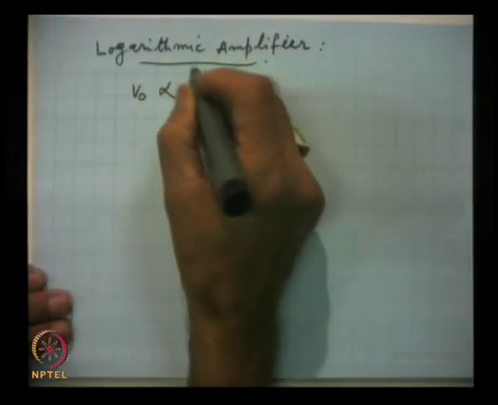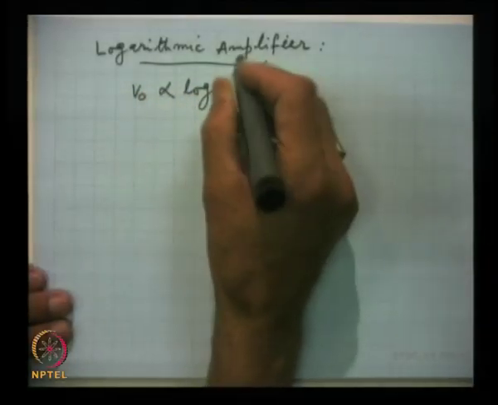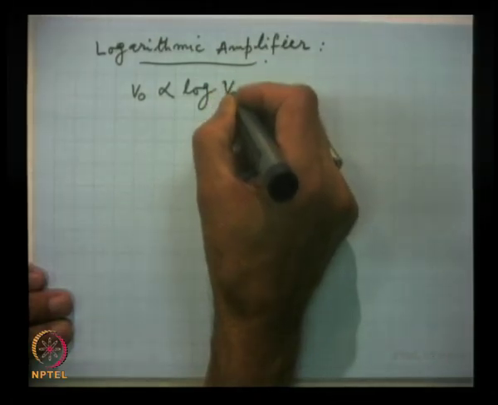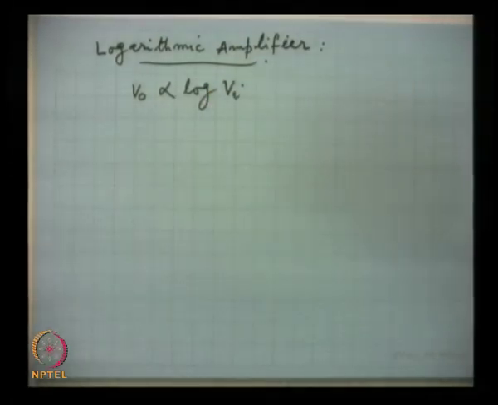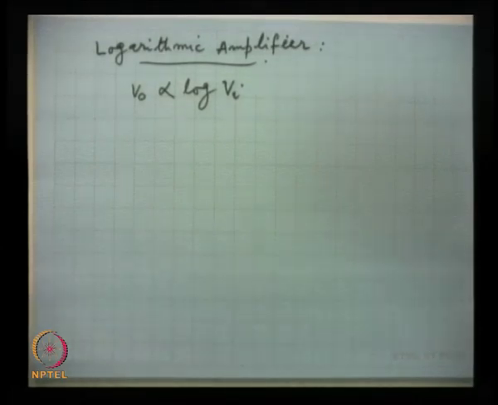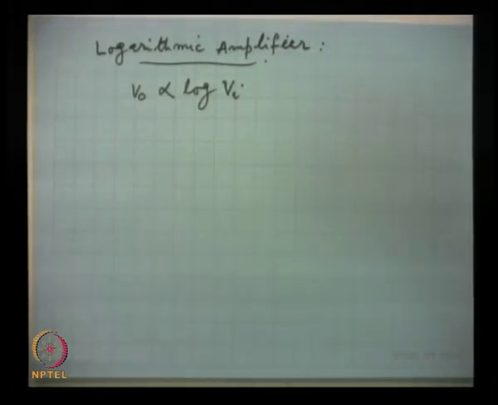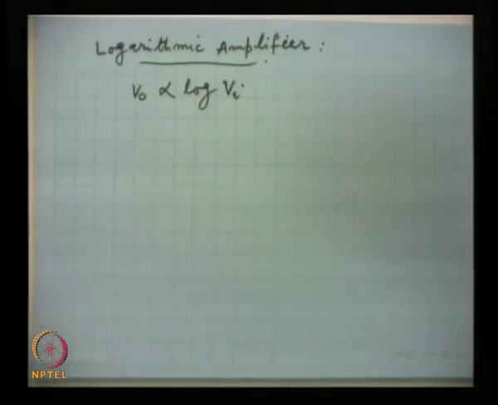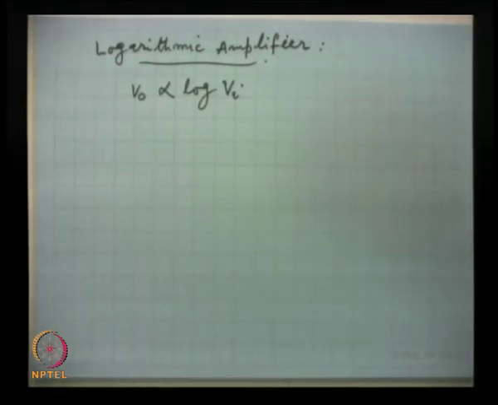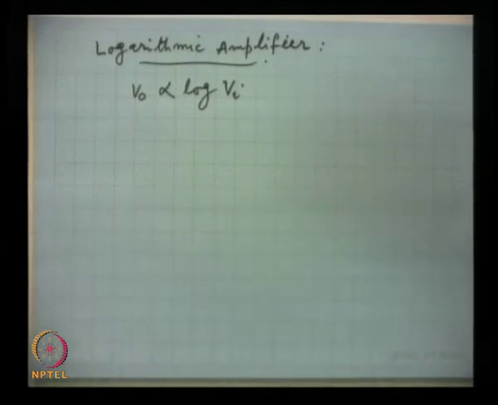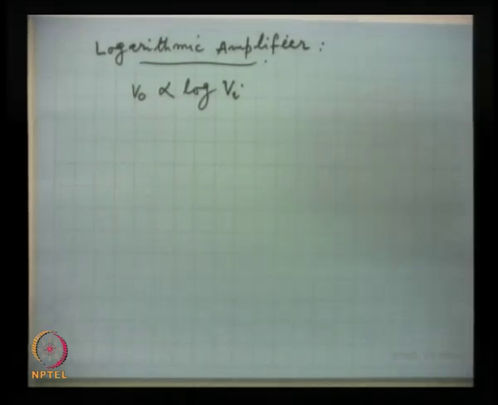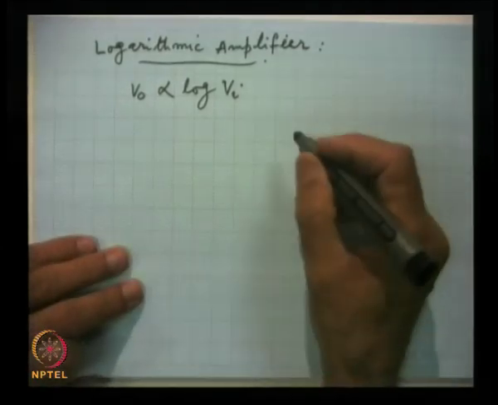I repeat, what is a logarithmic amplifier? It is one in which the output is proportional to the log of the input, let us say Vi. Now, in the simple inverting amplifier, if we replace the resistance Rf by a diode, what will be the circuit? This will be the circuit.